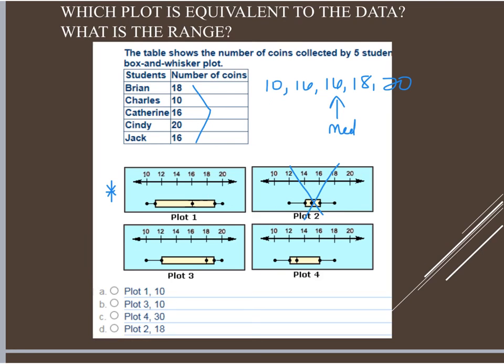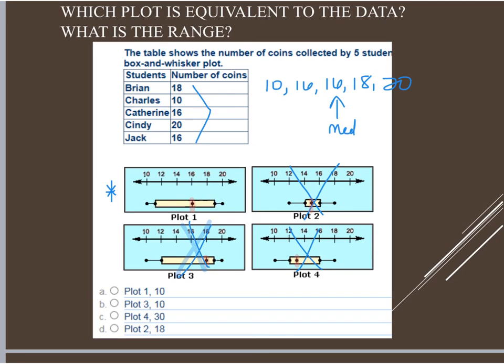Plot number 3, and remember the median is that middle dot. If I look at these right here, I can see plot 3 isn't going to work, plot 2 didn't work, and plot 4 did not work. So with that being said, it looks like plot number 1 is my best option for the graph of this data.